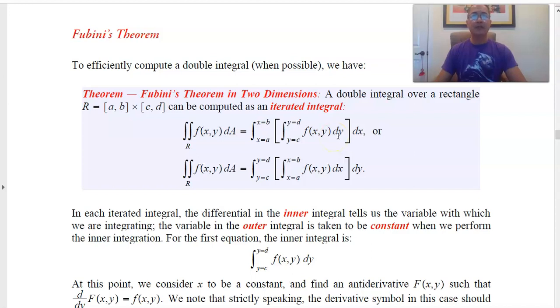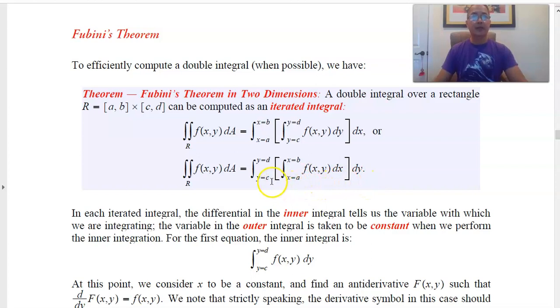Okay, so notice that dy matches with the y labels in what's called the inner integral, and dx matches the x labels in our outer integral. The other form of Fubini's theorem is almost the same, except that the x's and the y's are reversed.